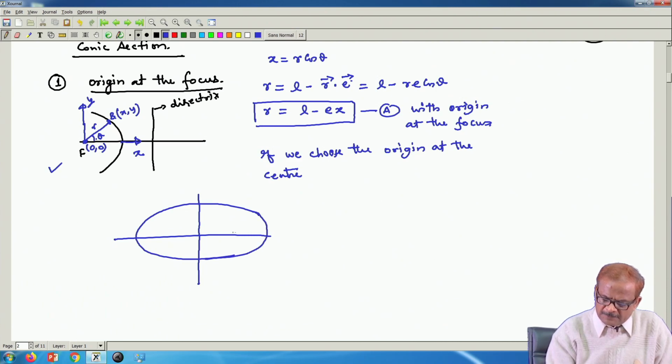Say we have the case of an ellipse. This is the focus, this is r, this is theta.